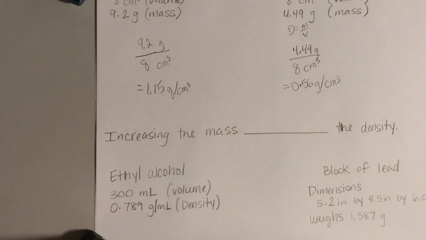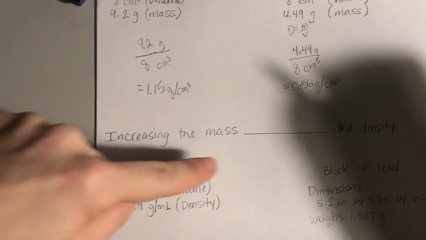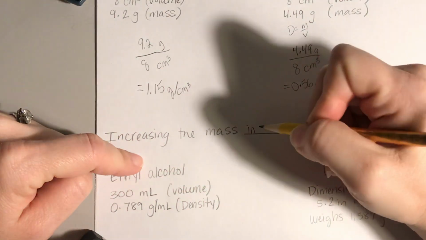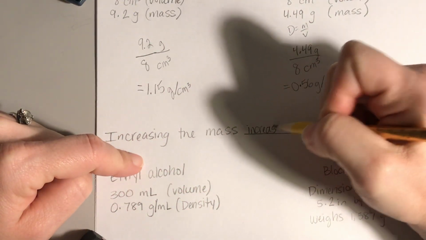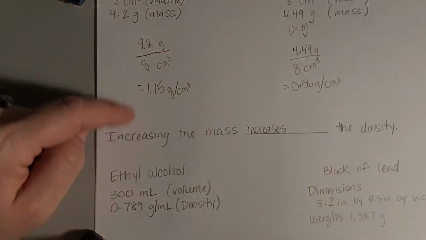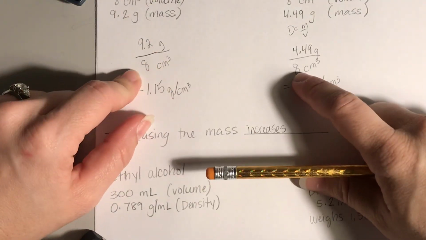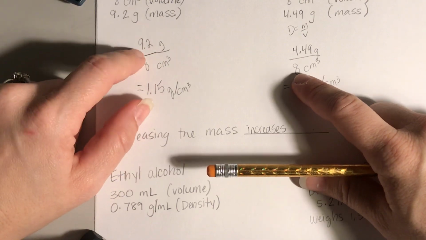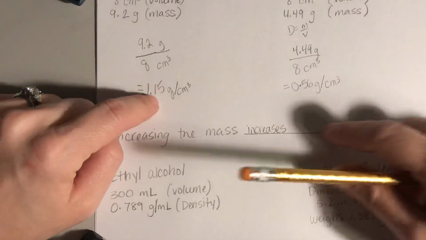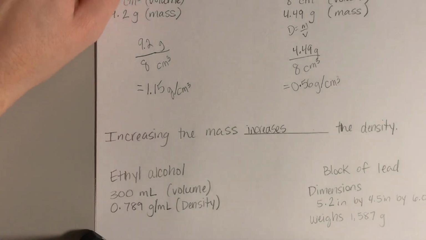So increasing the mass increases the density, which makes sense because you're dividing a number by the same volume. So if you start with a larger number, it's going to end up as a larger number. Okay?